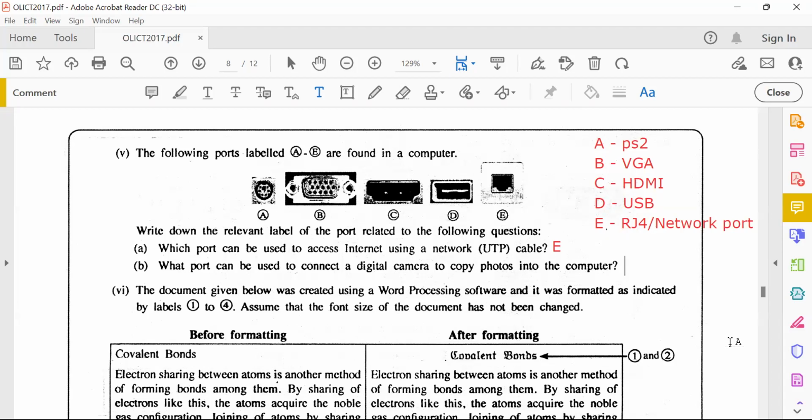Which one you use normally? Even a phone, we are using the same, right? Should be D, isn't it? USB. Simply USB is the one we use to connect. Now HDMI and VGA usually connect for projectors or monitors.